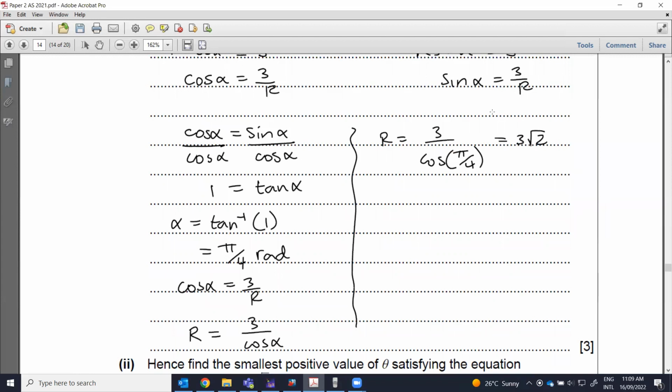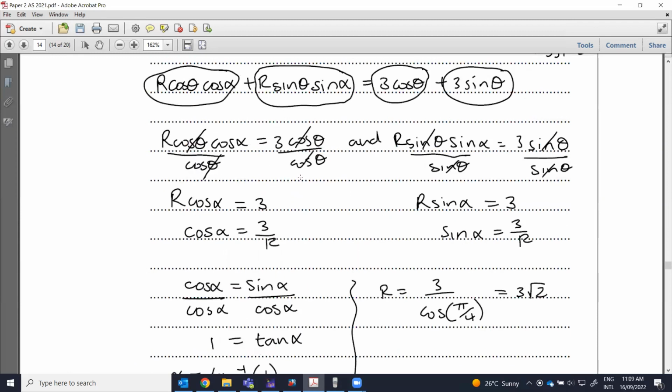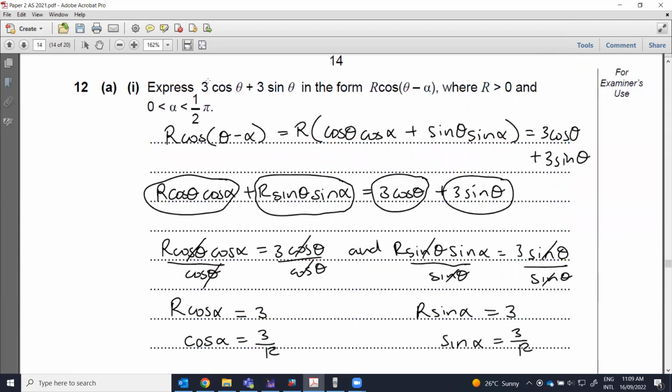Okay, so remember what we wanted to do. We wanted to take 3 cos theta plus 3 sine theta and write it as r cos(theta minus alpha).